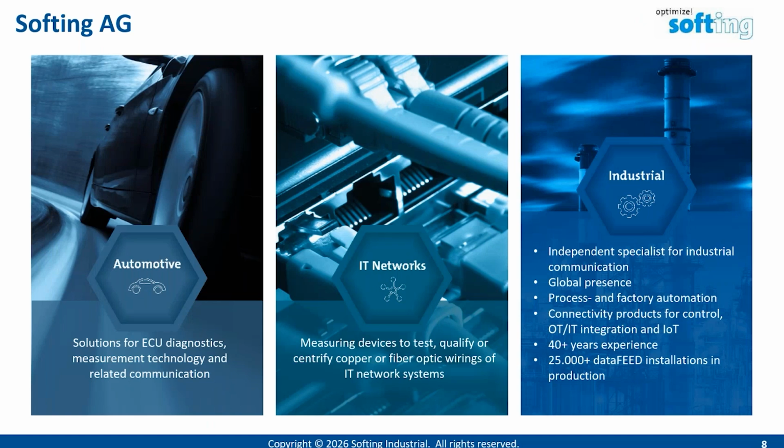We represent here Softing Industrial, shown at the right-hand side. As the name suggests, a specialist for industrial communication, with subsidiaries in the United States and other countries, and a global network of partners. So we do have a global presence and customers in process and factory automation around the globe.